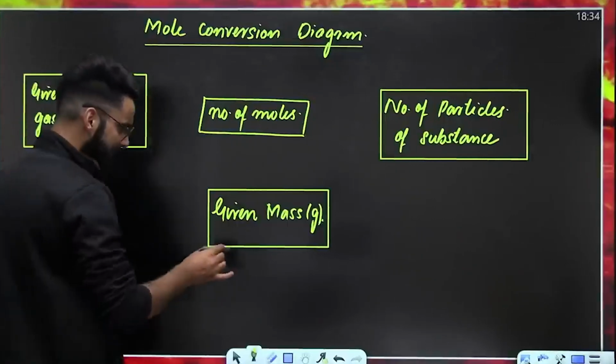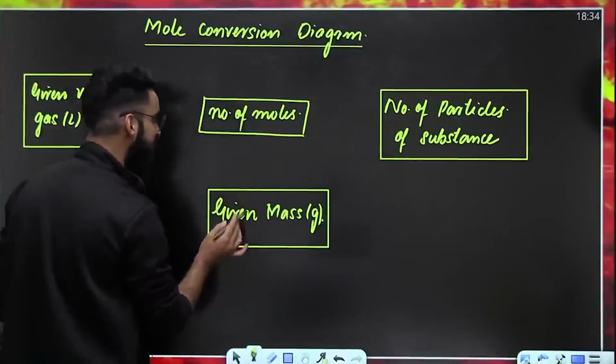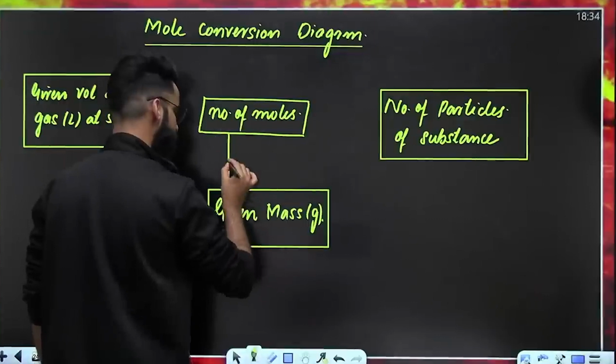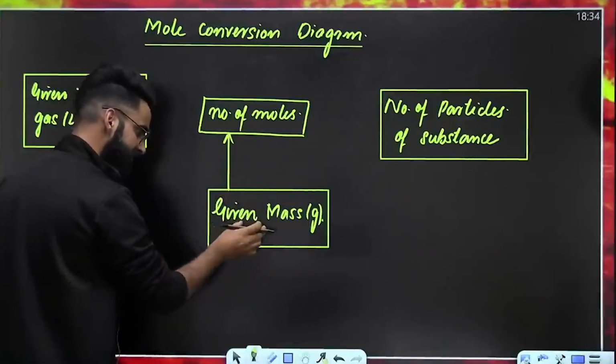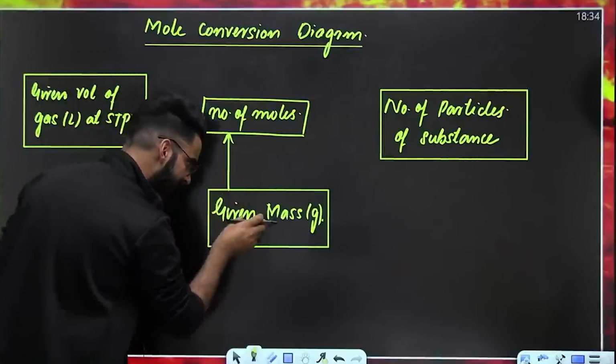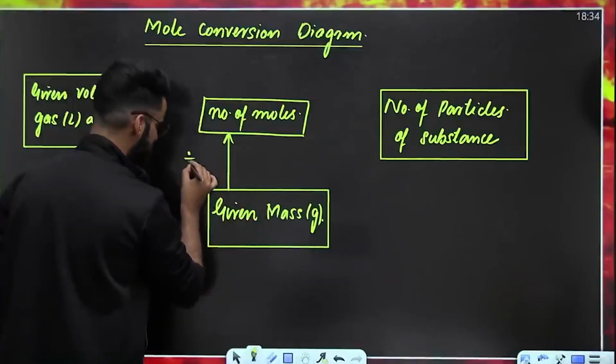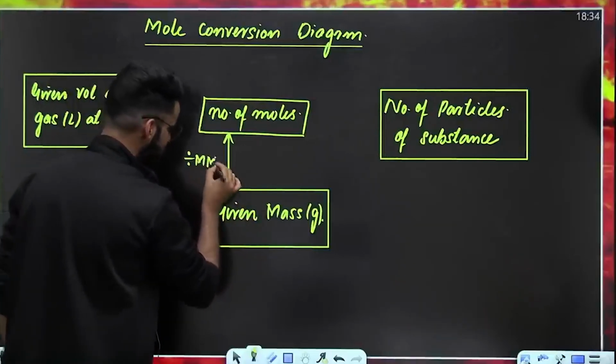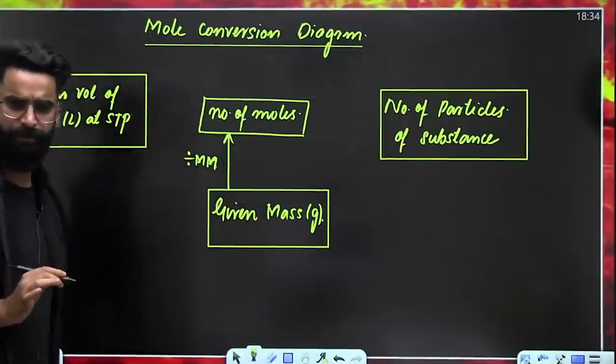Now, my dear students, if mass of the substance is given and we have to calculate number of moles, divide the given mass of the substance by the molar mass of the substance, and you'll get the number of moles.